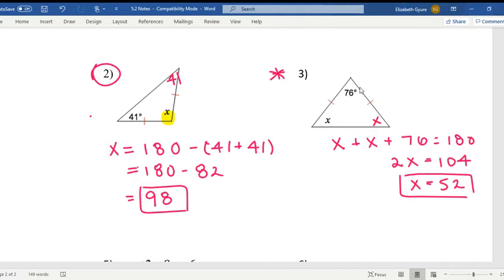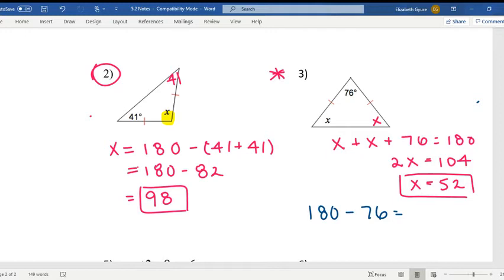But did anyone do this one alternatively? When I was walking around, I saw a lot of people just had an answer, which is fine. Tyler? Yeah, good, which is also a really good way to do it. If you know that this entire triangle has to equal 180 degrees, and I already have 76 of that, you could subtract that out.